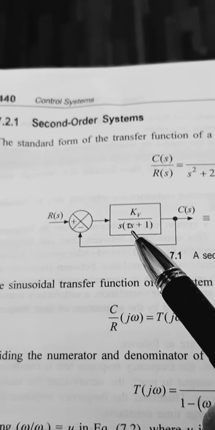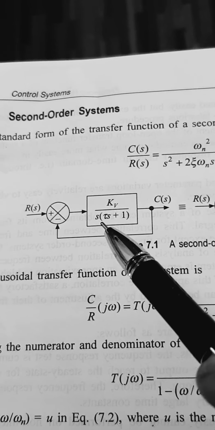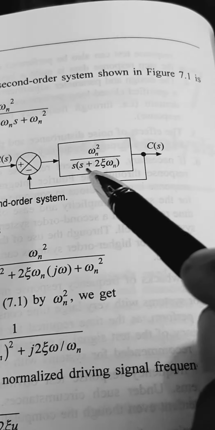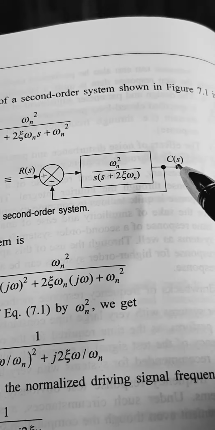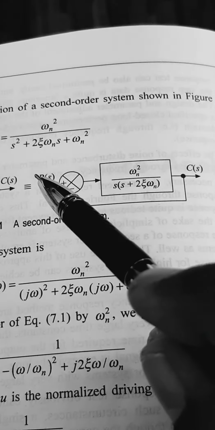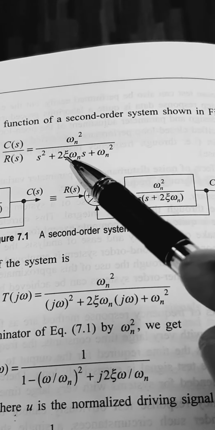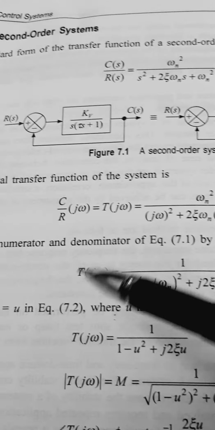When you calculate C of s by R of s, you will get omega n square divided by s square plus 2 psi omega n s plus omega n square.